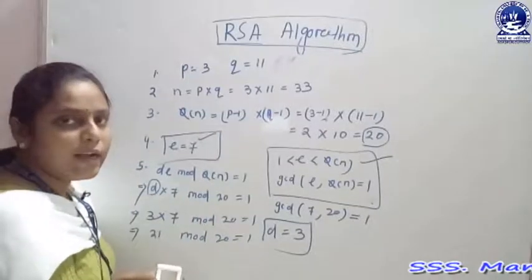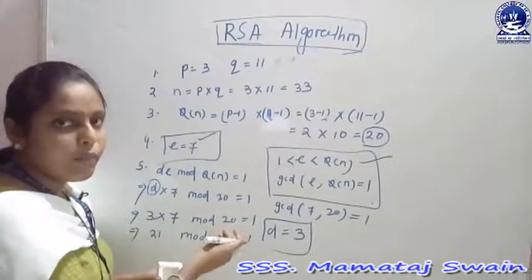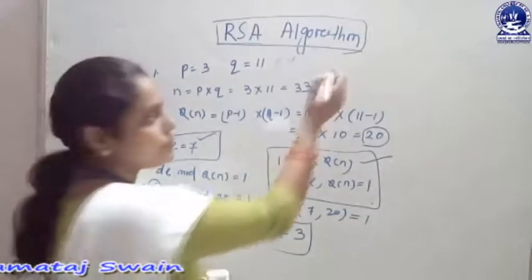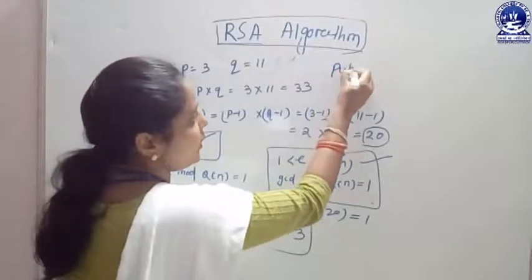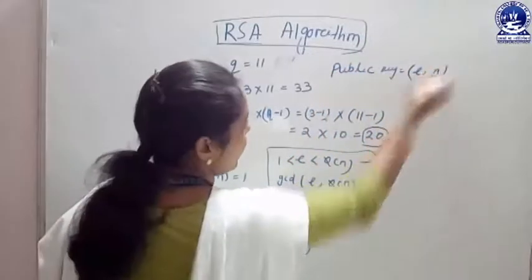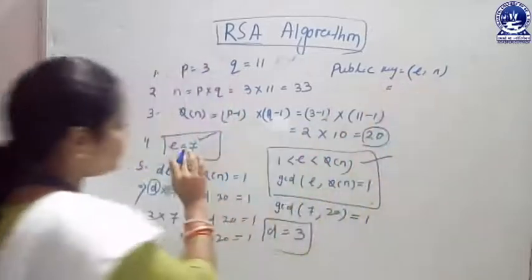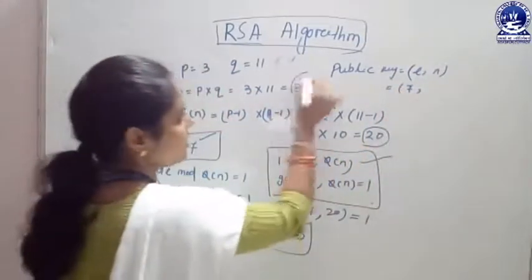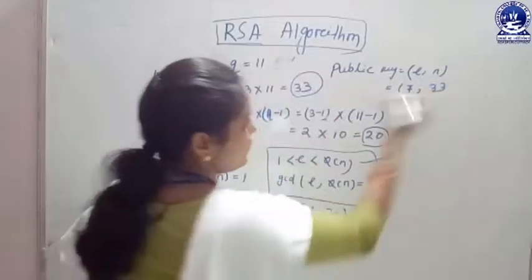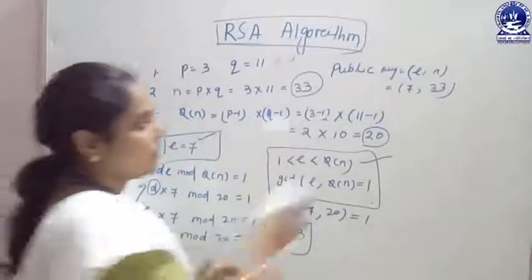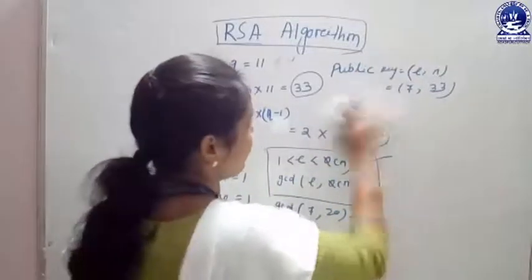Now we generate our key pair, that is the public key and the private key. Our public key is e comma n, that means here e value is 7, n value is 33. This is our public key. Then next, private key.